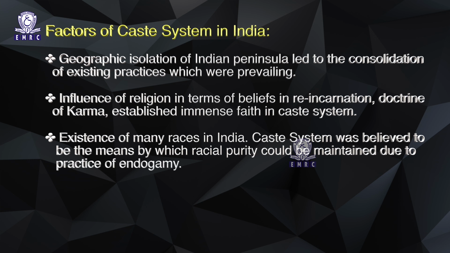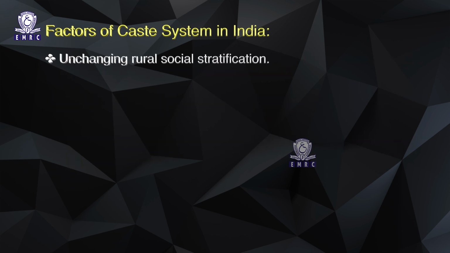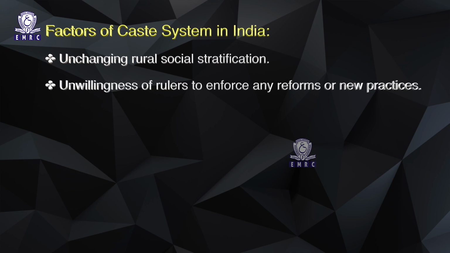The existence of many races in India also contributed. The caste system was believed to be the means by which racial purity could be maintained due to the practice of endogamy. Unchanging rural social stratification, unwillingness of rulers to enforce any reforms or new practices, and lack of education also contributed.